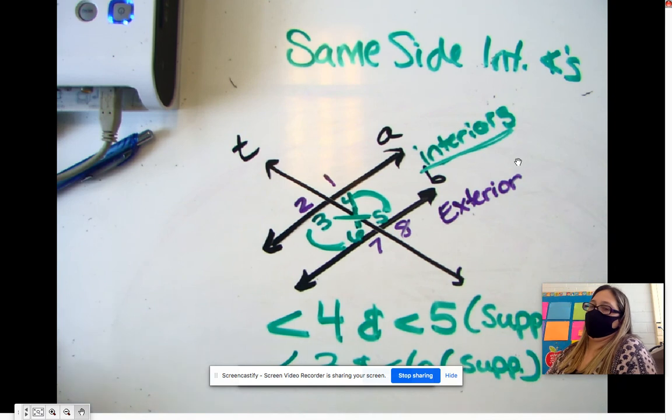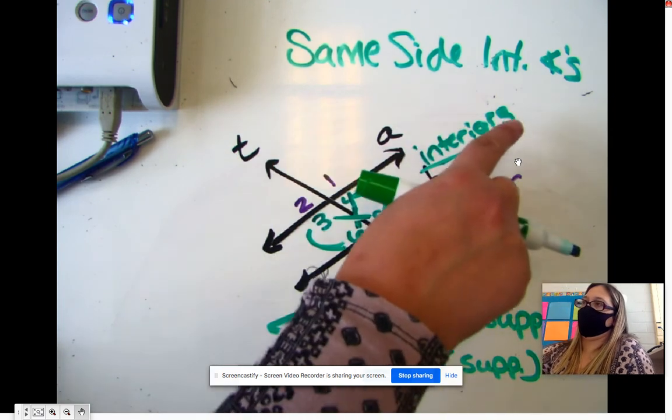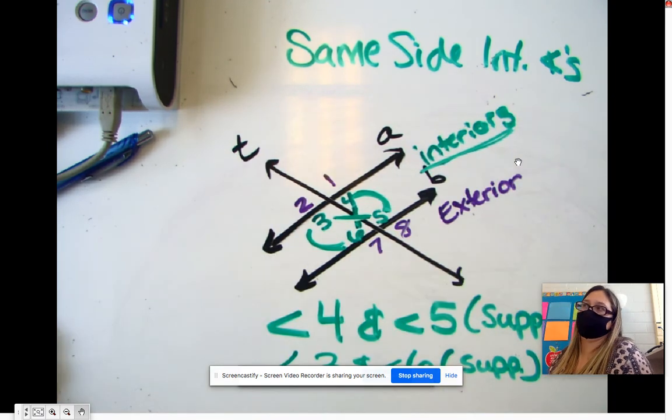We either call these same side interior angles, or on your notes you'll also see consecutive angles. Consecutive angles and linear pairs are your two relationships that are supplementary. The other relationships equal each other. Okay?